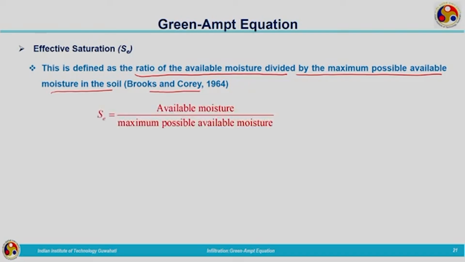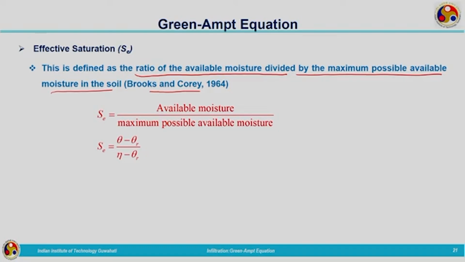What is effective saturation? Effective saturation is the ratio of available moisture content to the maximum possible available moisture content. Available moisture content is the moisture content at that particular instant of time, and maximum is how much the soil can withhold.